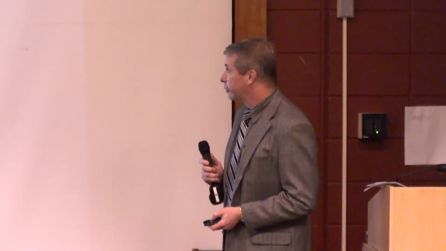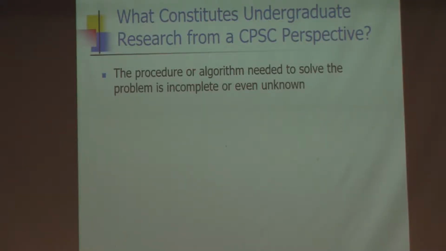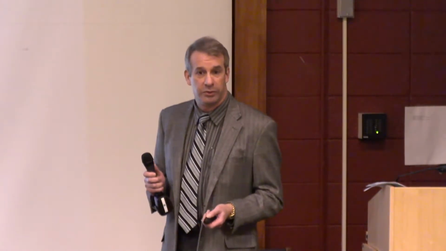Okay, so from a computer science perspective, what characterizes undergraduate research? So many times the task involves a procedure or algorithm which is not fully understood, it's incomplete or even unknown. So when we start at the beginning, we're really not sure exactly how we're going to proceed successfully.